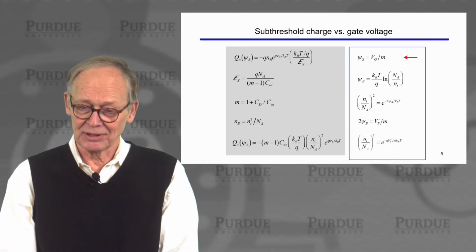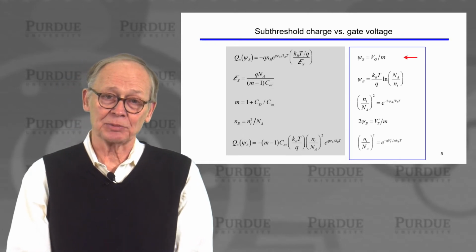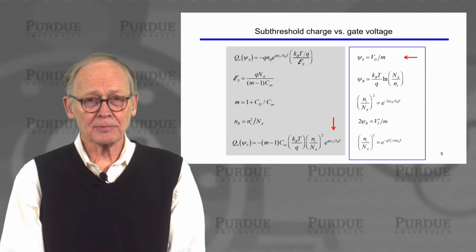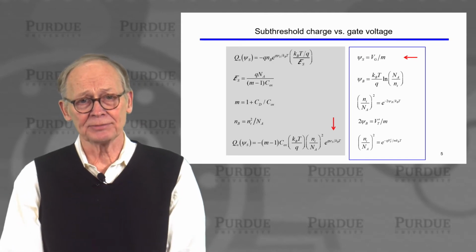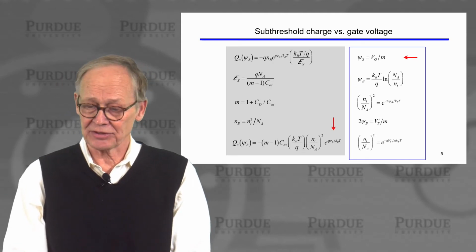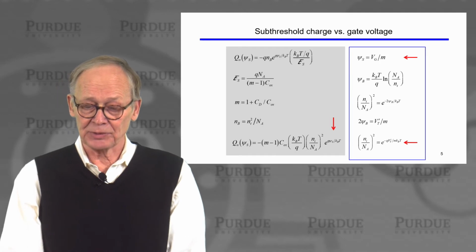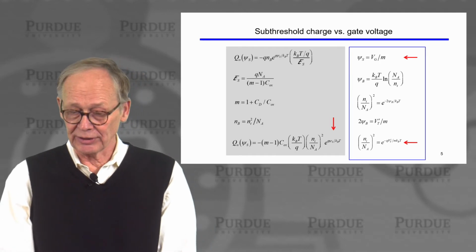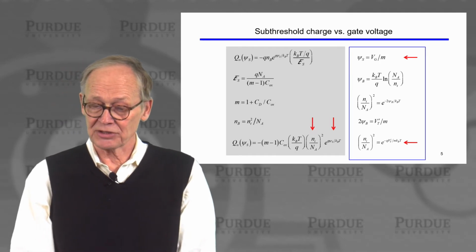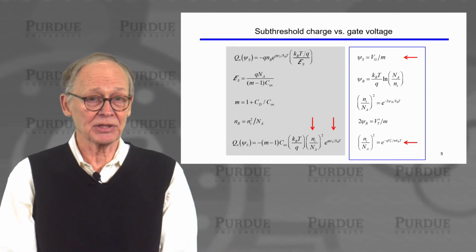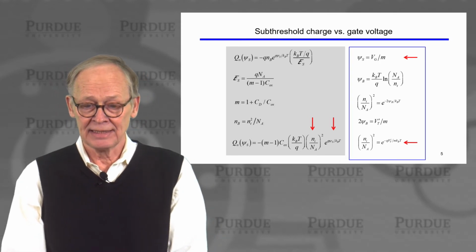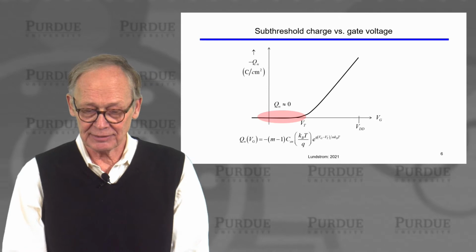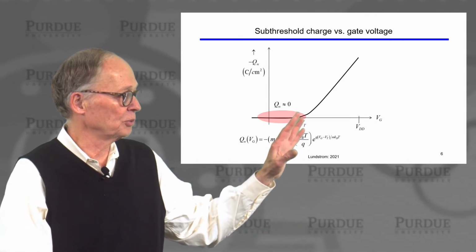Okay, so we're almost done. We can take the expression for the surface potential and we can put it in this exponential, and now we've got the gate voltage there. We can take our expression for (Ni over Na) squared and we can put it in the expression there, and now we've got the threshold voltage in this expression. And when we get all done with that algebra, this is the result we get.